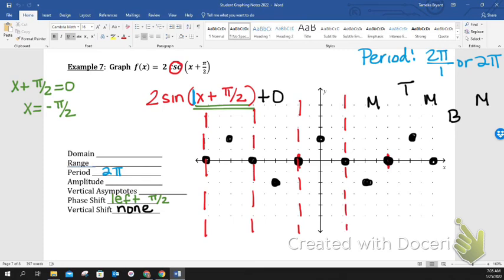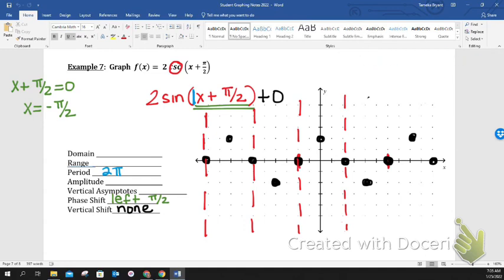Okay, so now every time you hit the top of the wave, make a parabola that faces up.